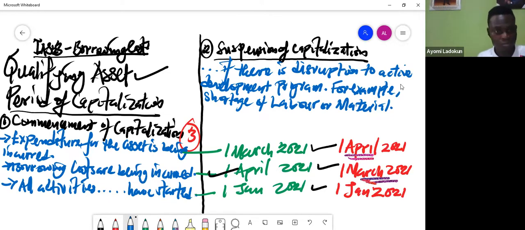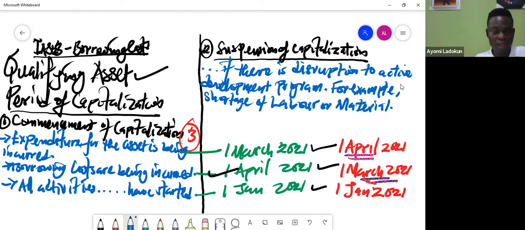So they have started in March or April, then around June, they couldn't get supplies again, so they are not working. For that period, you will suspend capitalization of borrowing costs, so you expense. Once there is disruption to active development program, borrowing costs shall not be capitalized.